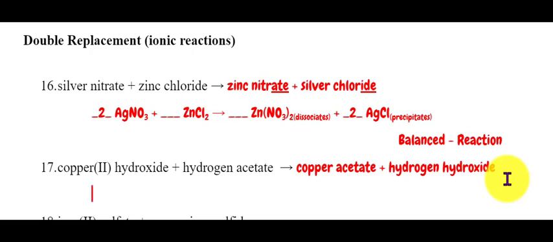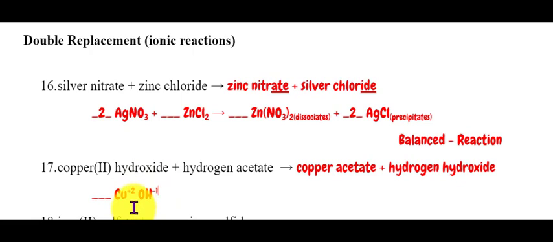So when I go to write the balanced chemical equation, I translate. So this is copper, but it has a +2 because of the Roman numerals here. And hydroxide is a polyatomic ion, and it is -1.